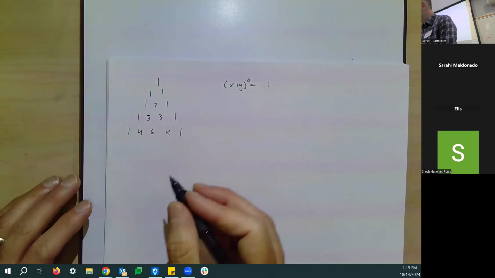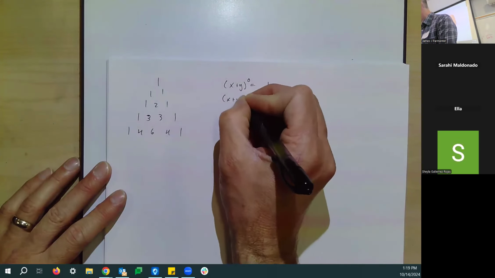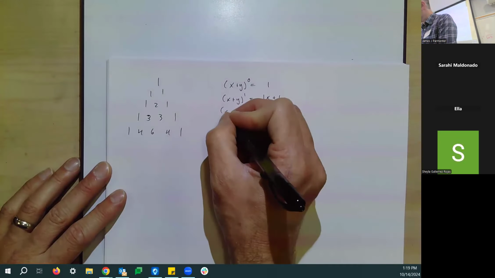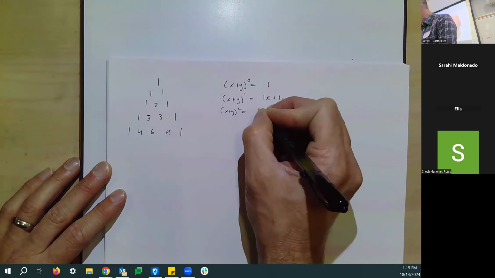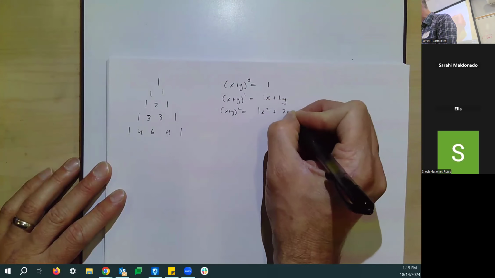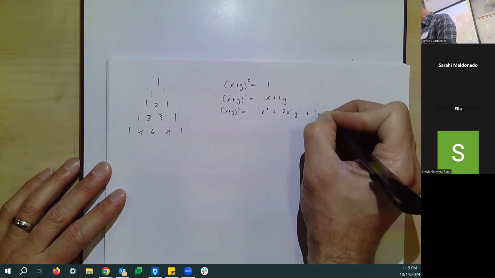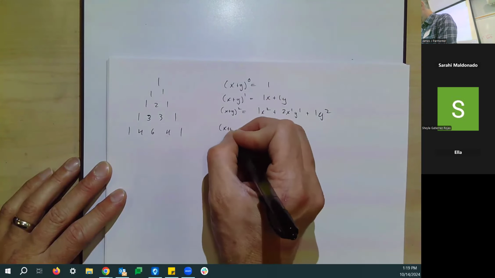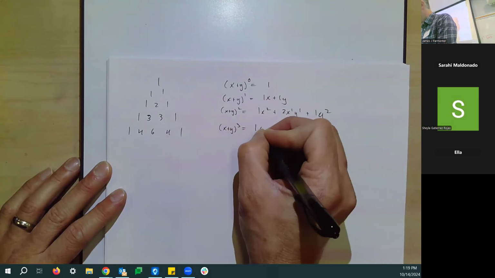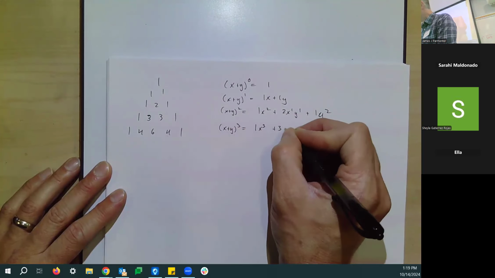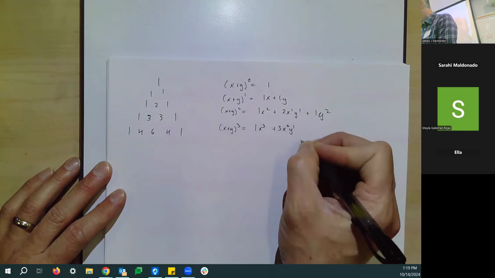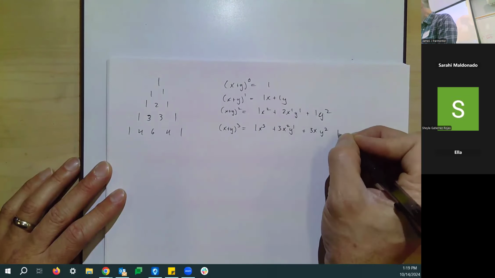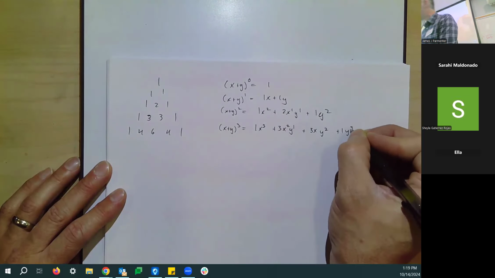Okay, not that exciting yet. x plus y to the first is 1x plus 1y. x plus y squared is 1x squared plus 2x to the first, y to the first, plus 1y squared. And the pattern continues. x plus y cubed is 1x cubed, and then it's 3x to the 1 less power, y to the 1 more power, plus 3x to the 1 less power, y to the 1 more power, plus 1x to the 1 less power, y to the 1 more power.